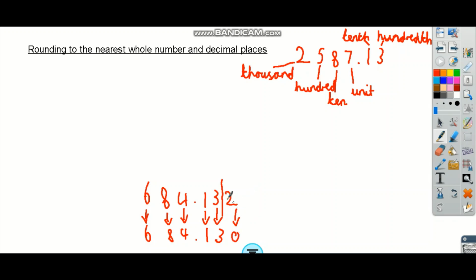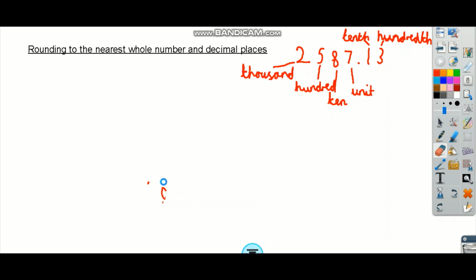Now if this was a larger number, for instance, if the number was 784.143, first you again put a line after the number that is 2 decimal places, and then we see if the number after the line is bigger or smaller than 5.